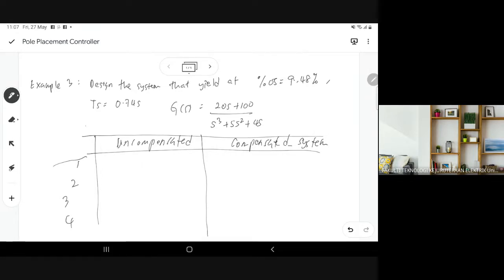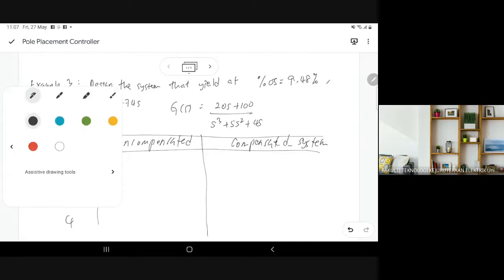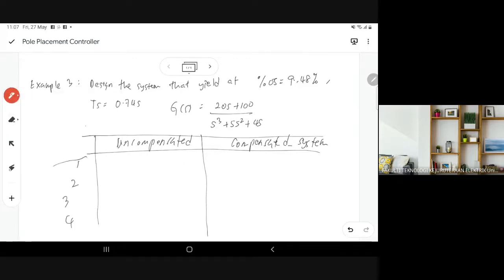Okay. And then after that, I also informed you that the start point to solve the first part, uncompensated, is starting from the transfer function G(s), or the question 20s plus 100 divided by s cubed plus 5s squared plus 4s. And then in order to solve the second part, the compensated system, we need to start with whatever information of the transient response.